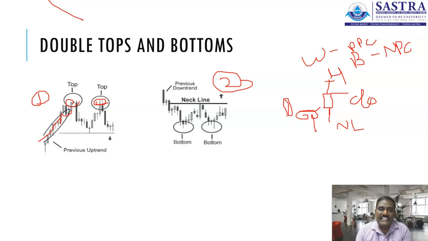This is what we recognize as a double top pattern. Once the top pattern is identified, further changes are going to happen in the market. Similar to that, the reverse pattern is what we call the double bottom pattern.